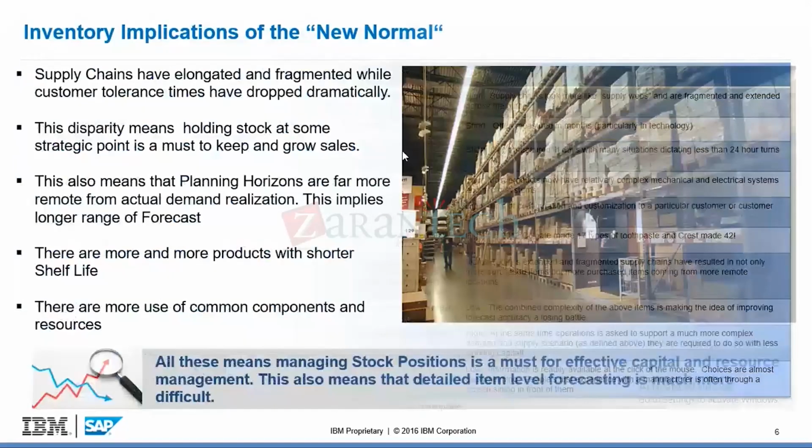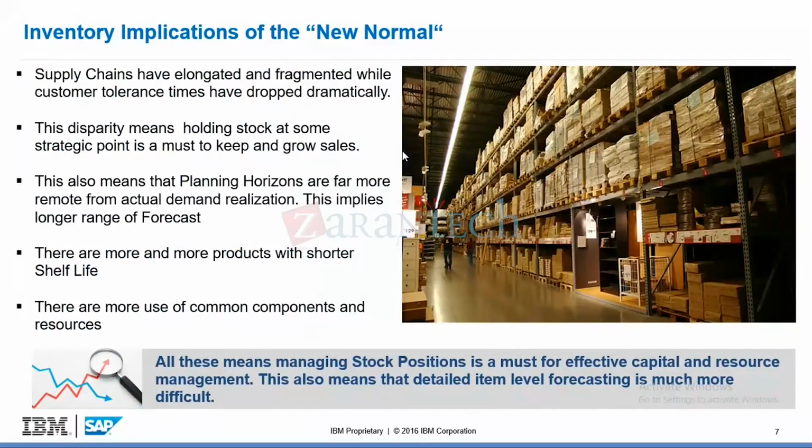So what is the implication of this new normal? The implication is that supply chains have become elongated and fragmented while customer tolerance has dropped.